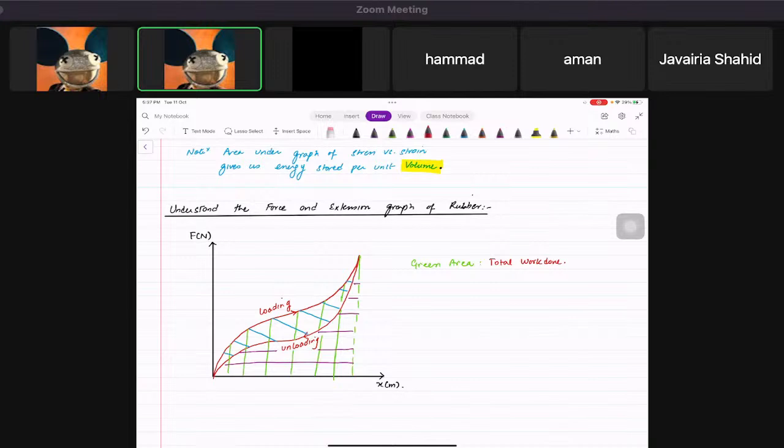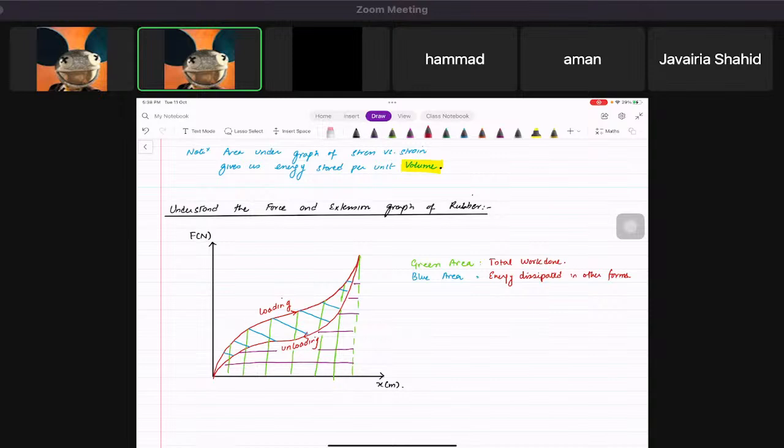And then the blue area gives you the energy dissipated in other forms.